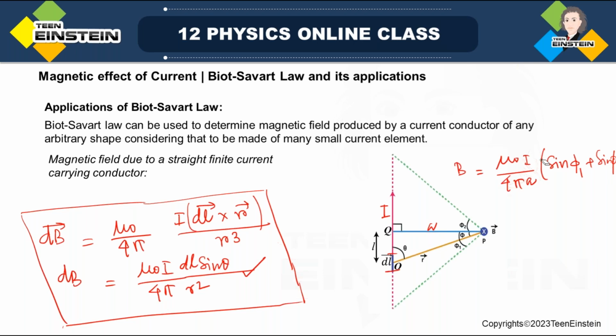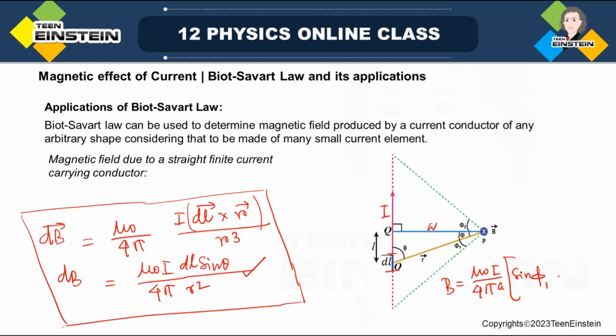Let me write it down here so that I can get some more space. So the magnitude of the magnetic field we got is mu0 I by 4 pi A, sine phi 1 plus sine phi 2.